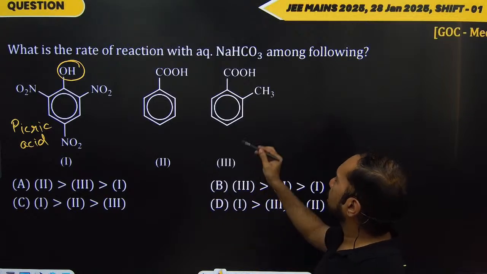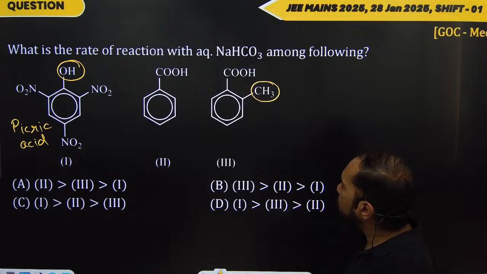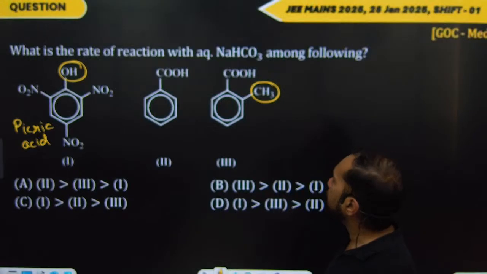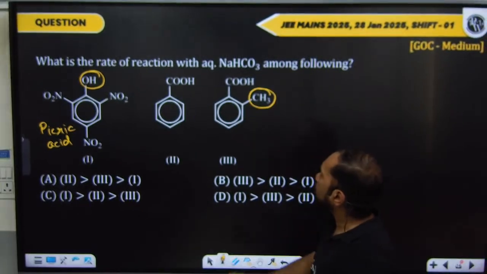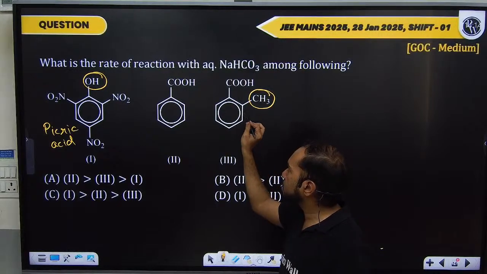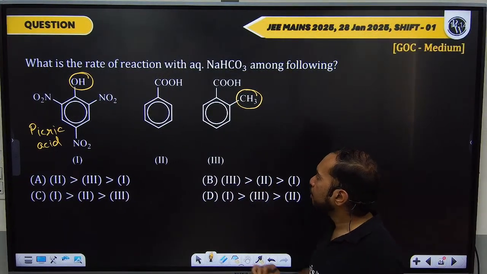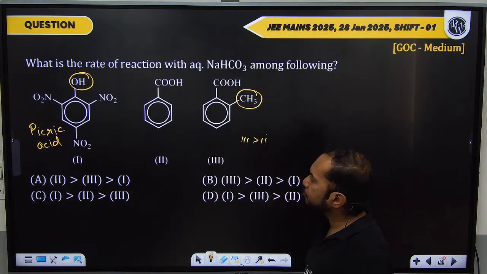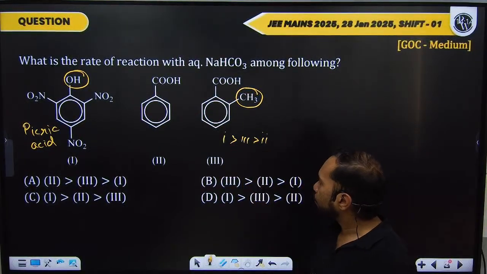Because of the presence of these groups, because of the ortho effect and steric hindrance, the acidic strength of ortho substituted acids is higher. Out of second and third, one will be more acidic. Most acidic among these three is the final answer.